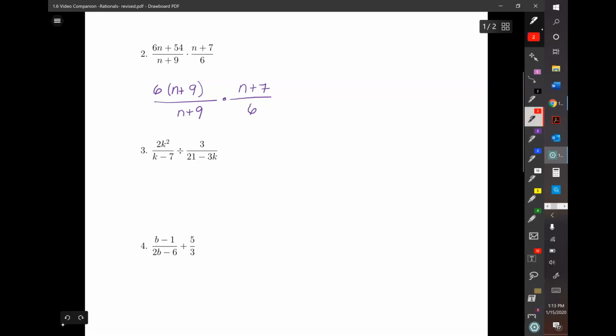So I can simplify the 6 in the numerator with the 6 in the denominator, even though it's on the diagonal. That's fine. And then the first fraction there, I have n plus 9 over n plus 9. So that reduces to 1. So ultimately, I'm left with n plus 7 as my final answer.